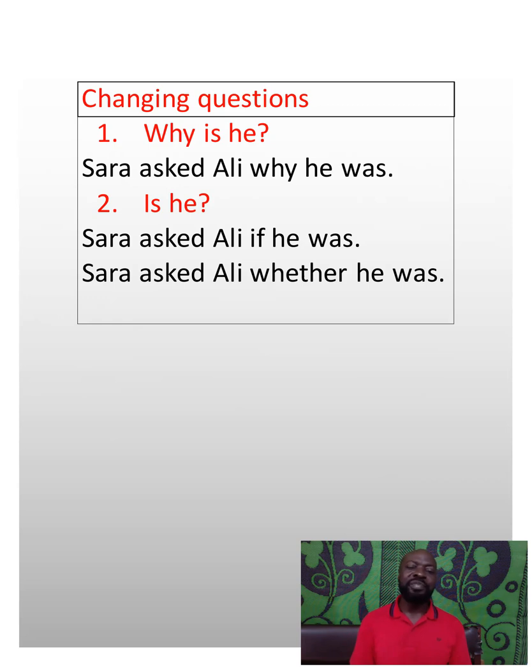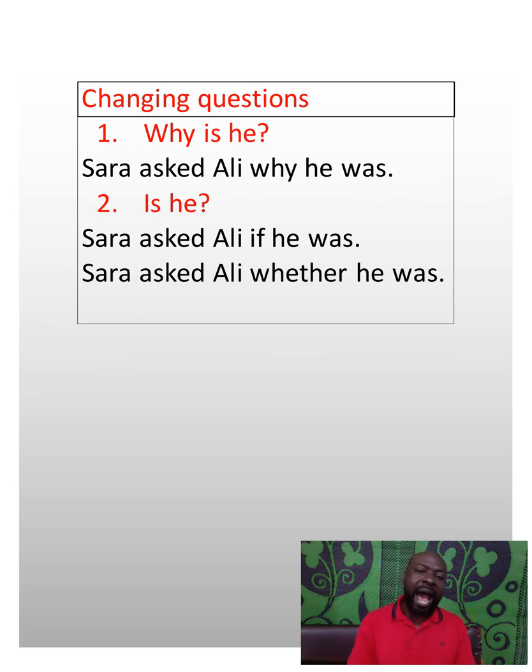Number 2, is he? Sarah asked Ali if he was. There are 2 changes I have made. First, I have introduced the word if. If a question doesn't begin with WH, we use if.